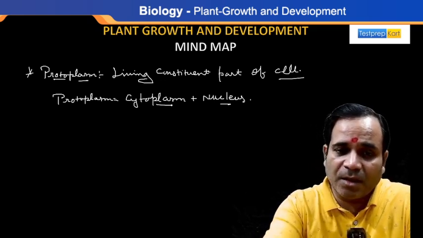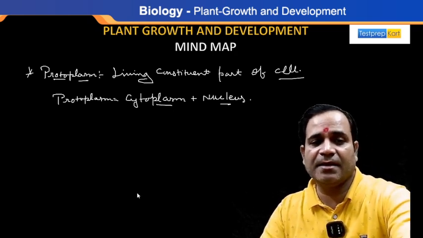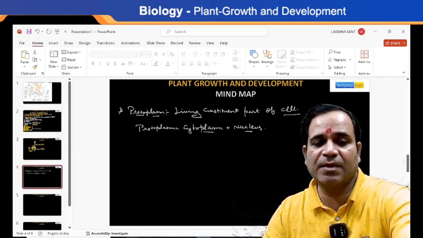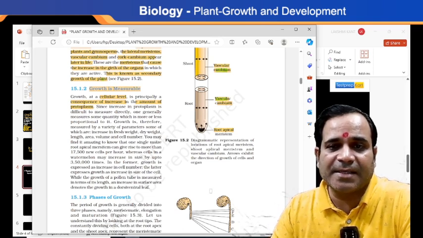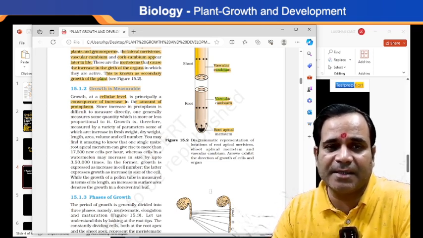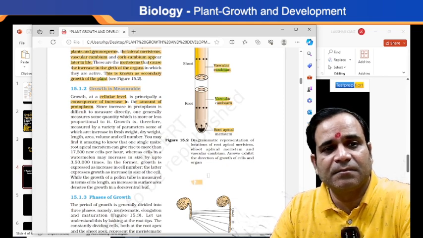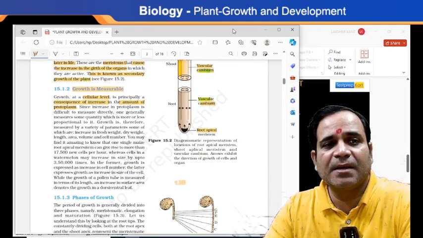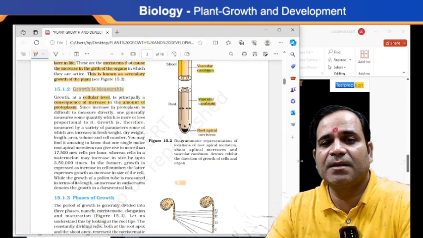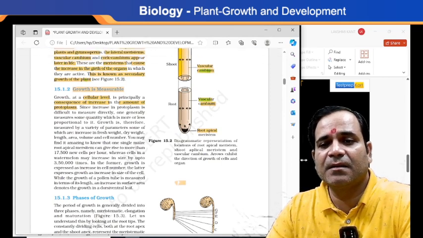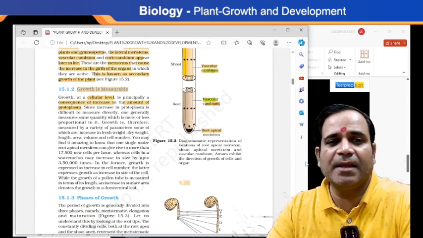Now let's see what NCERT says. Okay, let's see.